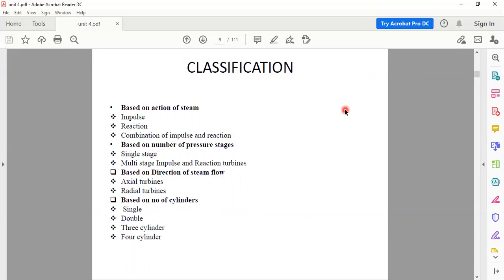Classification based on action of steam: impulse turbine, reaction turbine, combination of impulse and reaction turbine. Based on number of pressure stages: single stage, multi-stage impulse and reaction turbine. Based on direction of steam flow: axial turbine, radial turbine.